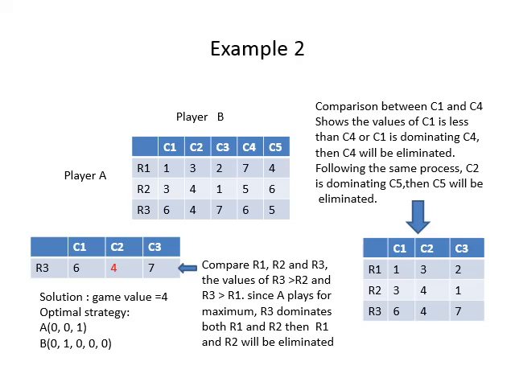So C5 is dominated by C2 because the values of C2 are less than the values of C5. Therefore, C5 will be eliminated.